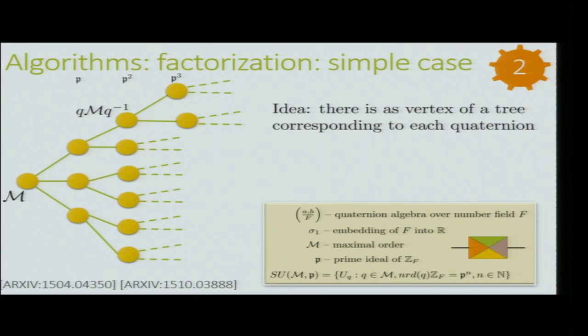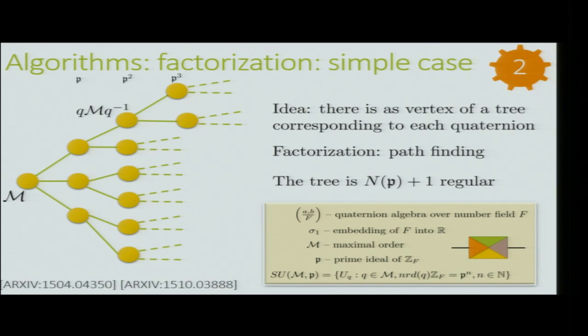It turns out there are finitely many, and this is called the number of conjugacy classes of the quaternion algebra. When I say simple case, I mean the number of conjugacy classes is just 1, so you can move between these vertices using just one quaternion. You can think of factorization as a kind of pathfinding in this tree, which is norm p plus 1 regular.